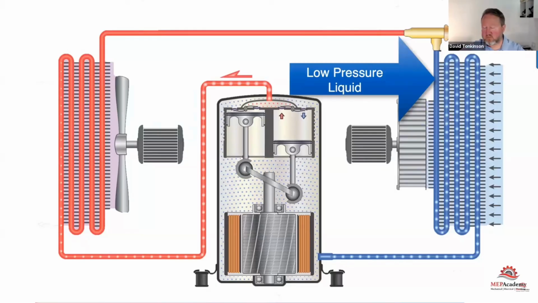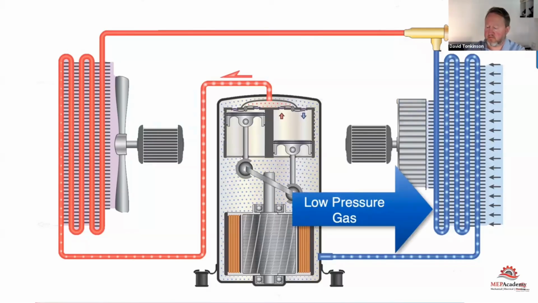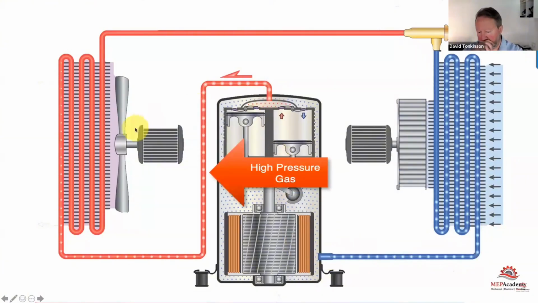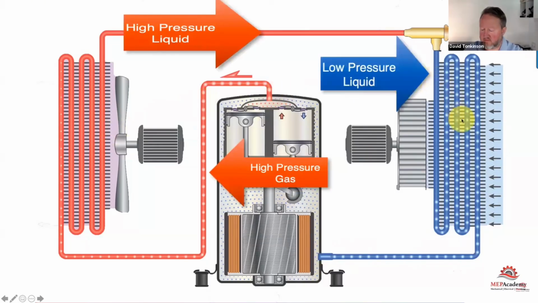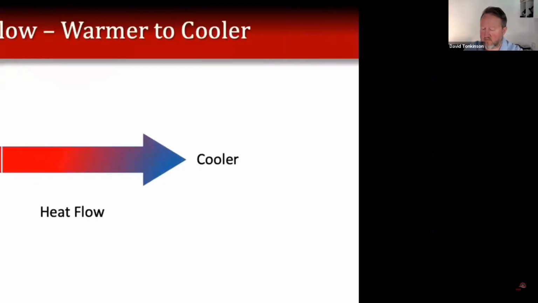So the heat will make the refrigerant boil and turn back into a gas. And then the gas will make its way back to the compressor, and that's one complete cycle. High pressure gas to high pressure liquid to low pressure liquid to low pressure gas. That's the complete cycle. Now heat flow.